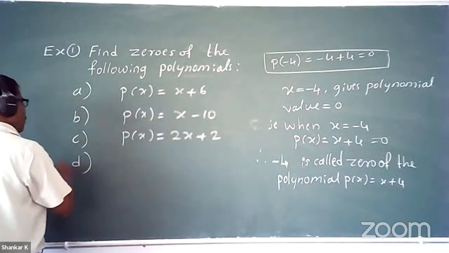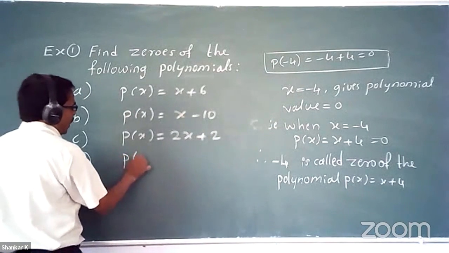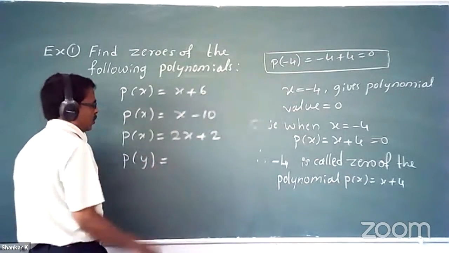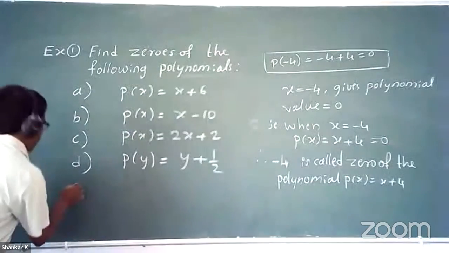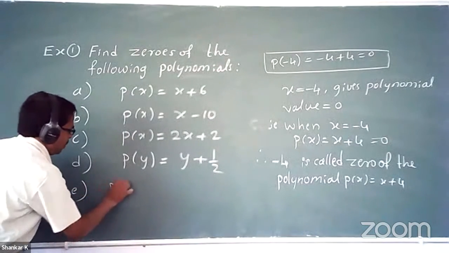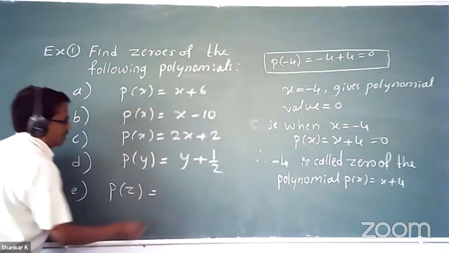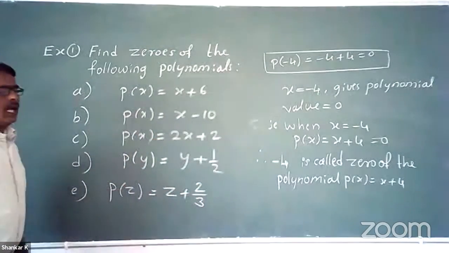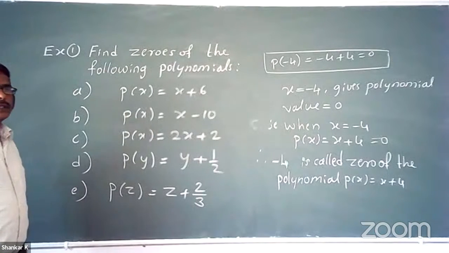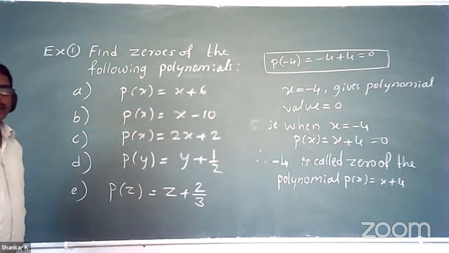Then D, P of y equal to y plus half. One more, P of z equal to z plus 2/3. Can anyone tell me zero of this polynomial?